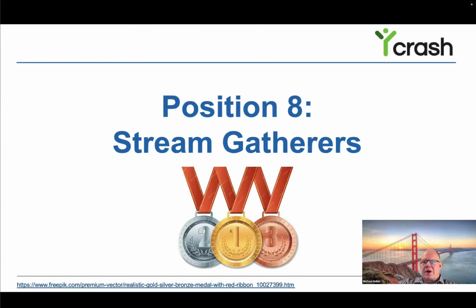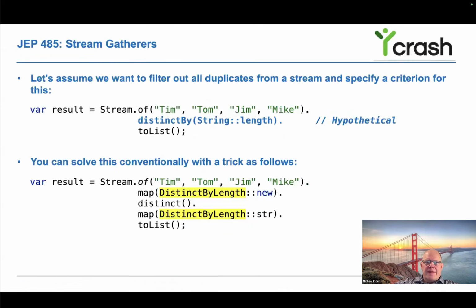Number 8, stream gatherers. In the past, sometimes you may have the wish that you can define your own intermediate operations, or you have the wish that something like an intermediate operation like distinct by and others exists. So what is the idea? We have this stream of values. We want to get only those distinct by this condition.